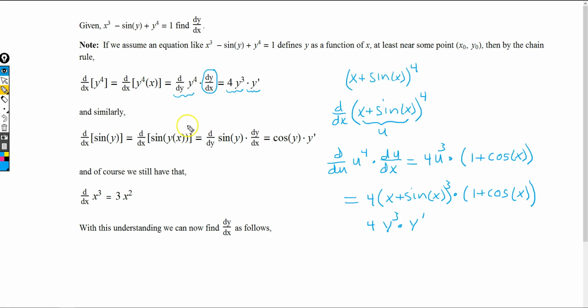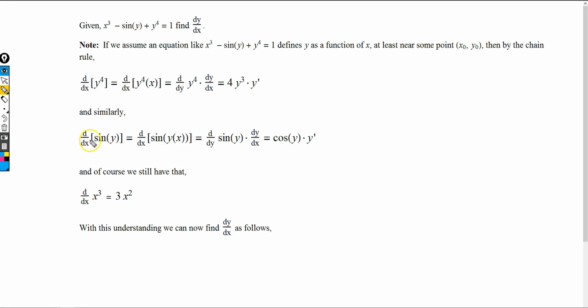All right. Now as for the other terms, for example, the derivative of the sine of y with respect to x, well, we have to do the same thing. We assume y is a function of x, and then we perform the chain rule. We look at d dy of the sine of y times dy dx. Notice how these dy's cancel again, and we just recover d dx.